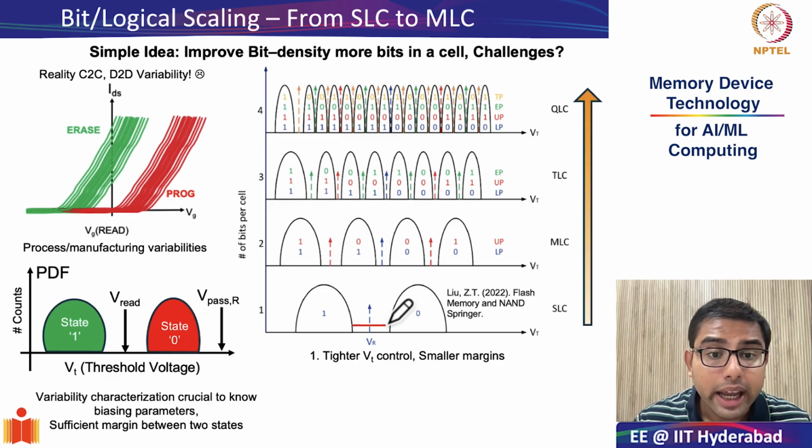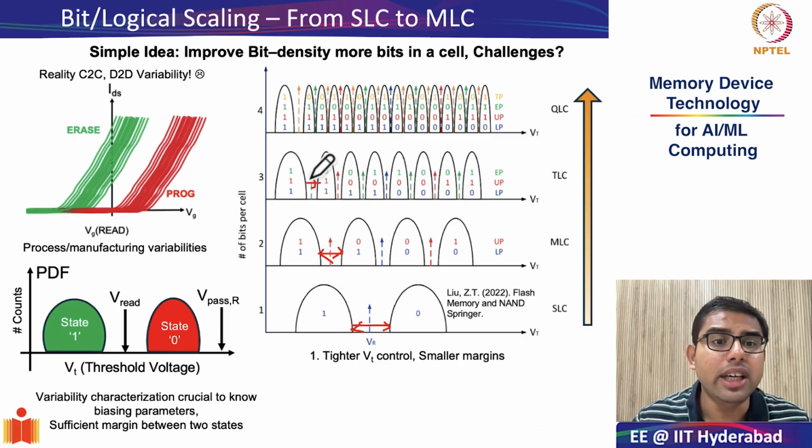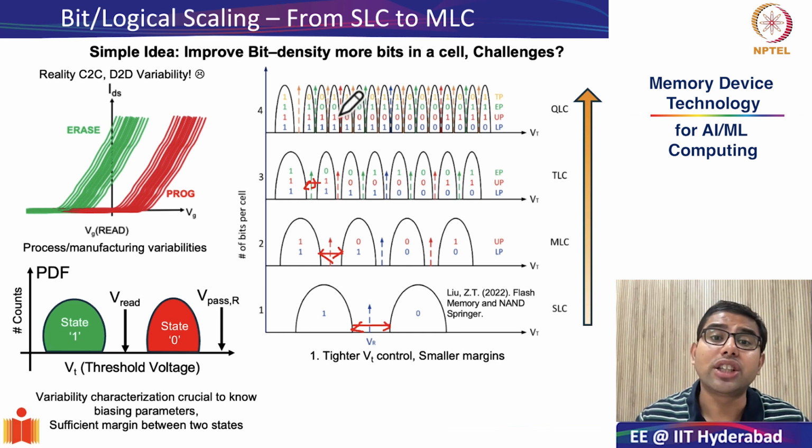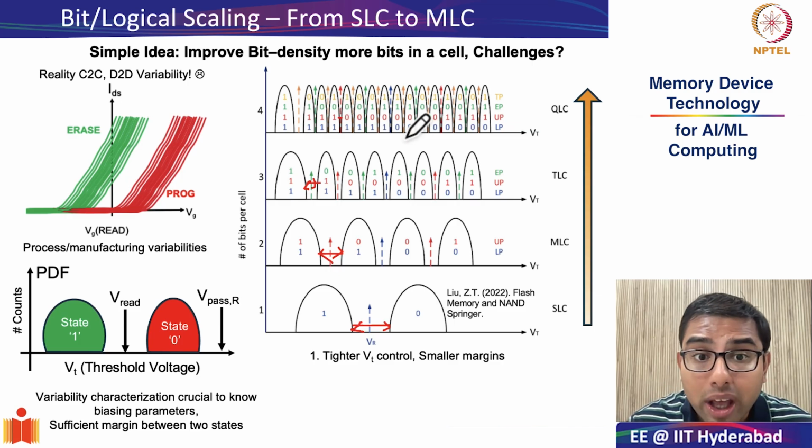As you can see, in SLC there was a significant gap between the 2 states, which becomes much smaller in MLC, even tinier in TLC, and is almost non-existent in QLC.